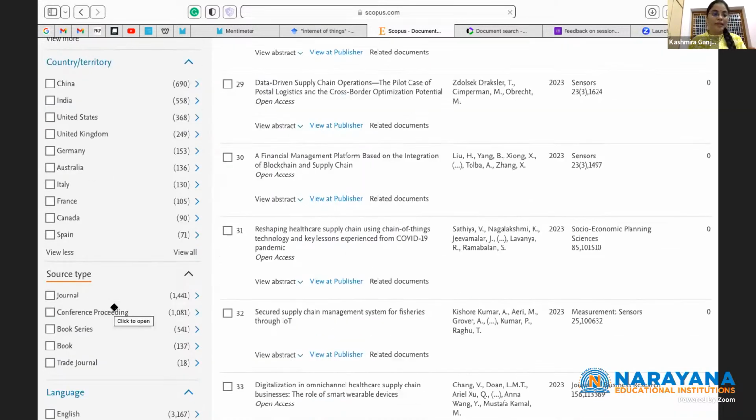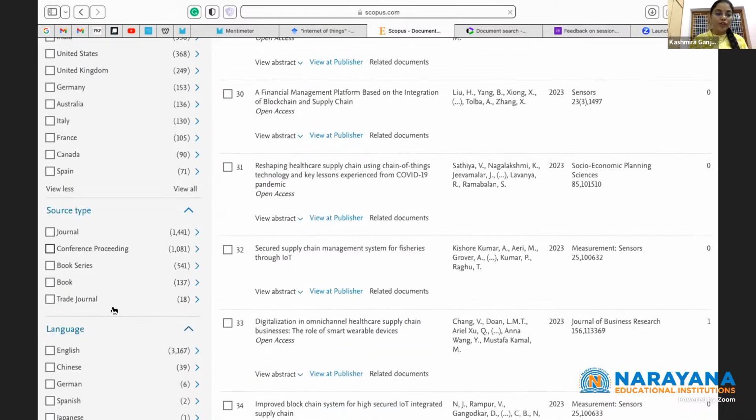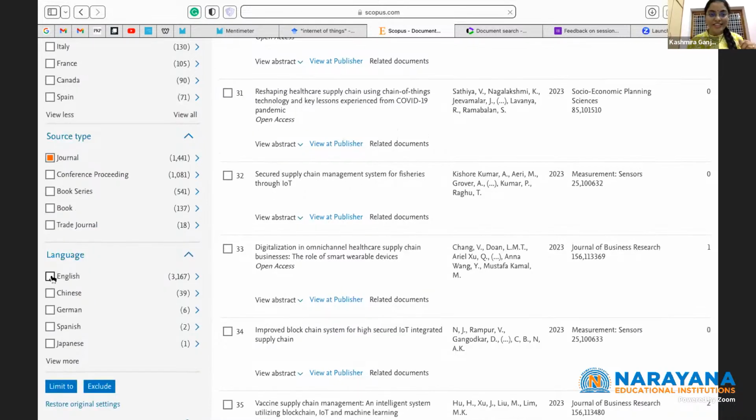You can choose based on your research work. So I'll choose only journals, not conference proceedings. And importantly, I only want to review articles which are in English, because I don't understand other languages, Chinese, German, Spanish. I don't want to include those articles in my review. So now I will limit myself based on these chosen criteria.